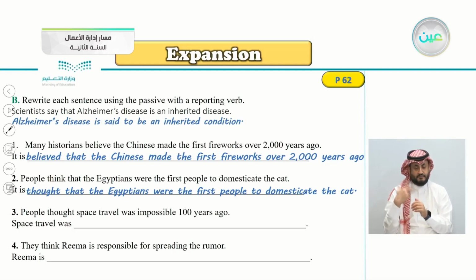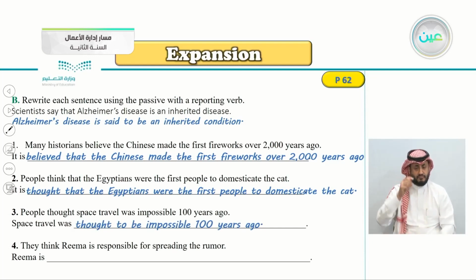Number 3, people thought space travel was impossible 100 years ago. So, space travel was thought to be impossible 100 years ago.